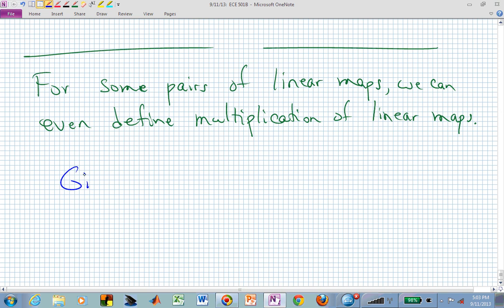And if you want something concrete to think about, you could start thinking about these linear maps being matrices. And that's sort of the next step in this process after we talk about null space and range space. But if we're given a linear map T that's now belonging to this set of linear maps from V to W, and we're given S, and now it's also living in another set of linear maps. Well, what am I doing?